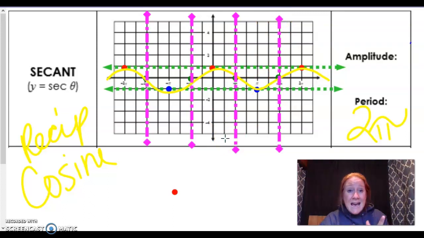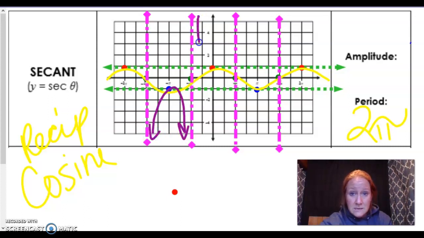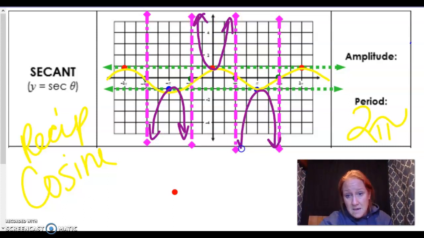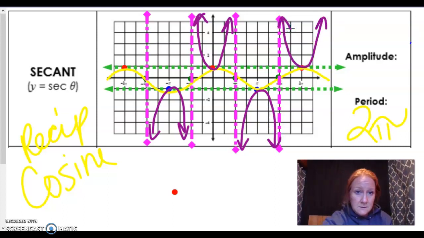Now I'm going to put my actual graph in purple, and just like the cosecant, since it's a reciprocal function, I'm really just drawing parabolas off the maxes and mins of my cosine. So you just have to remember cosine and secant go together, sine and cosecant go together.